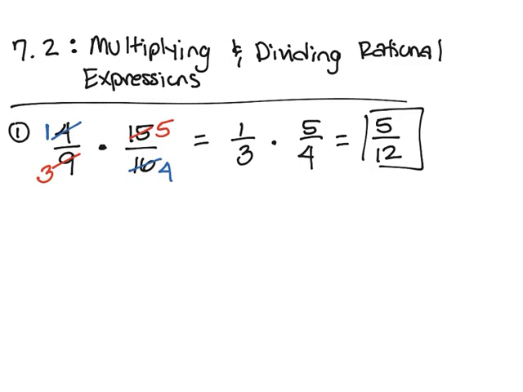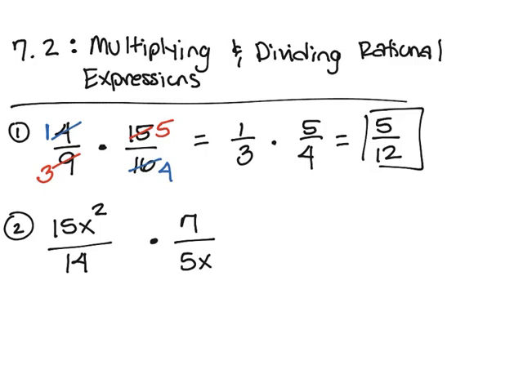Now let's add some variables. If you were to have, let's do 15x squared over 14 times 7 over 5x. So it's the same concept.